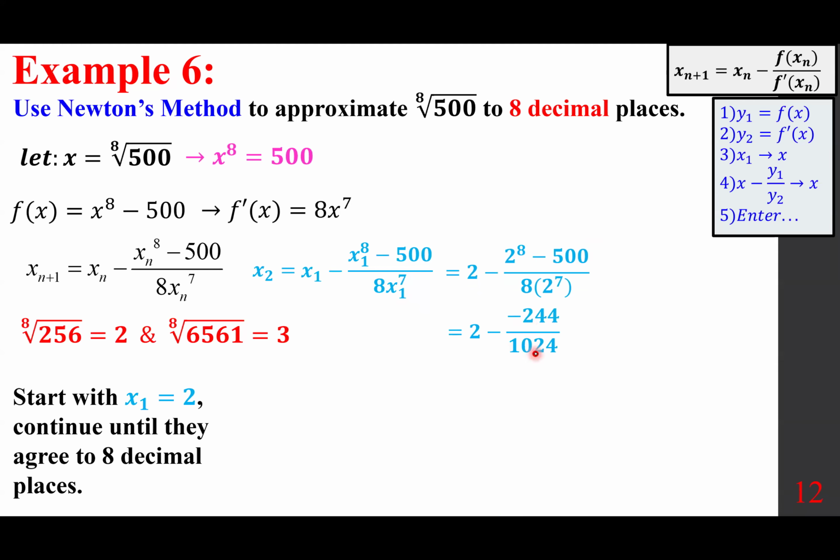And this is 2 cubed times 2 to the power of 7, so the denominator becomes 2 to the power of 10. And when x sub 1 equals 2, x sub 2 becomes, and we write a bunch of decimals. Remember, we want to approximate this to 8 decimals.